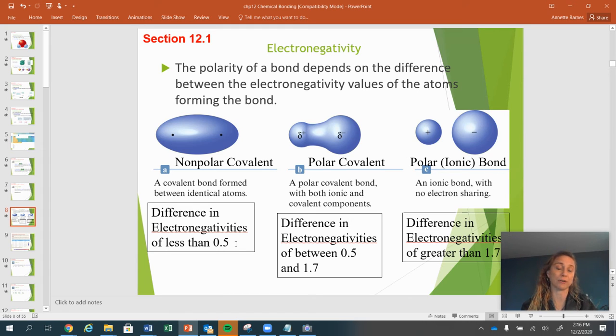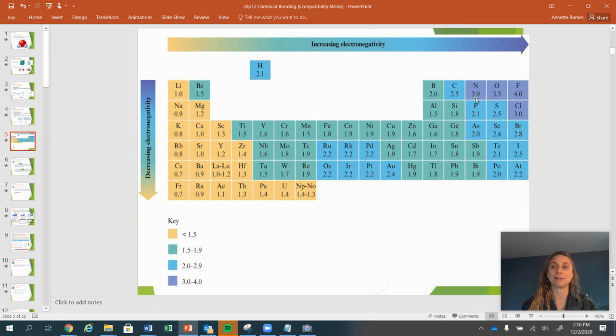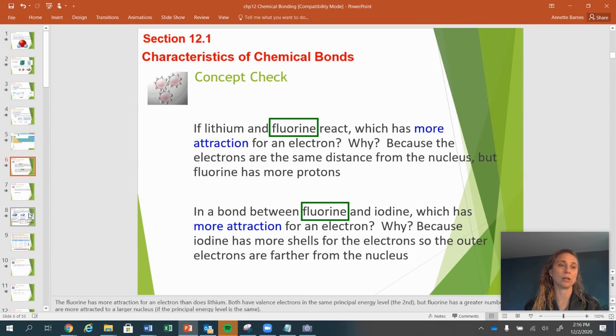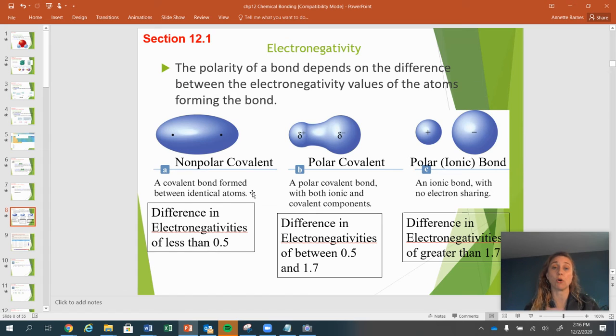If you go back to our little periodic table over here, they would have to be pretty evenly matched to do that. Maybe boron and carbon, or maybe carbon and nitrogen. Okay, that's fairly non-polar covalent, because electronegativities are pretty close to each other.